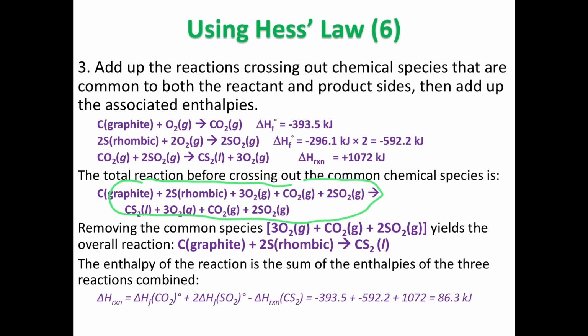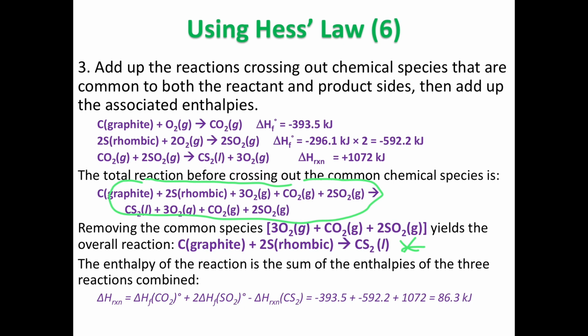Removing the 3 oxygens plus the carbon dioxide and the 2 sulfur dioxides from the reactants and products yields the overall reaction of carbon plus 2 sulfurs makes carbon disulfide.